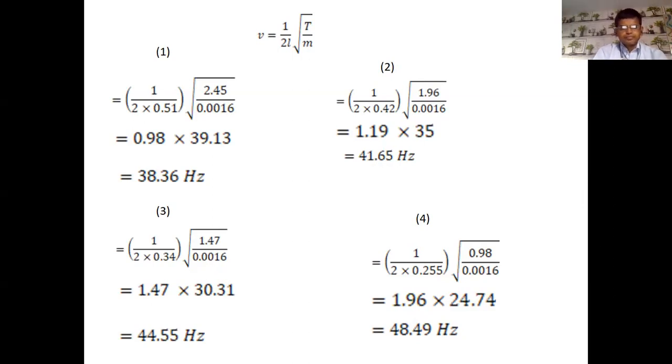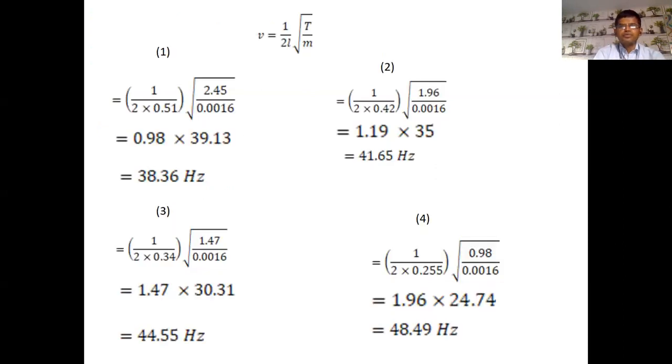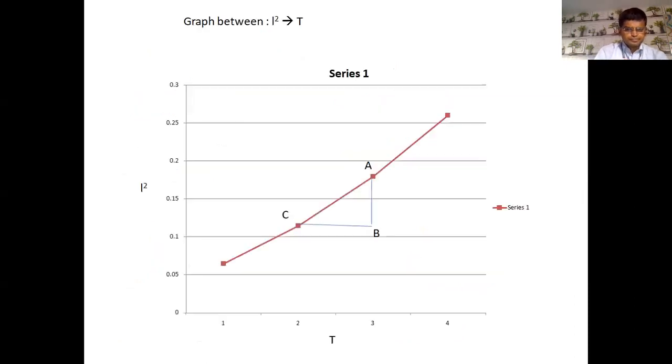Now the third one, again the same formula, 1 by 2 multiply 0.34 length. We check 0.34 length in the third row and the value of T 1.47, we put it in the equation. After the solution we got the answer 44.55.